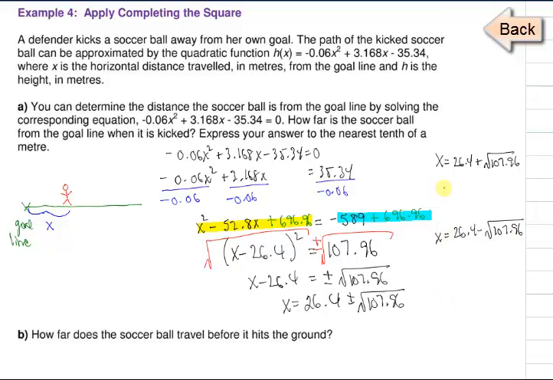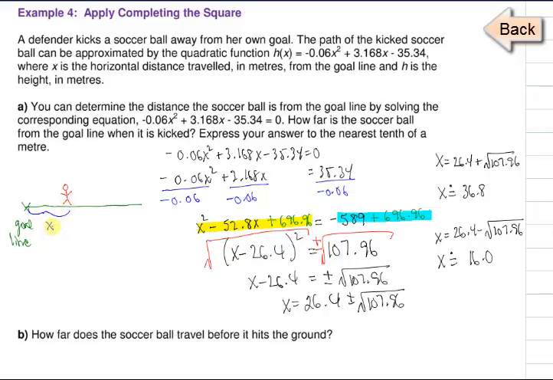So when I work out the first one, I get about 36.8 to the nearest tenth. And on the second one, I get about 16.0 to the nearest tenth. So you have to look at these two numbers and decide, if we go back to our picture, what do you think x is going to represent?